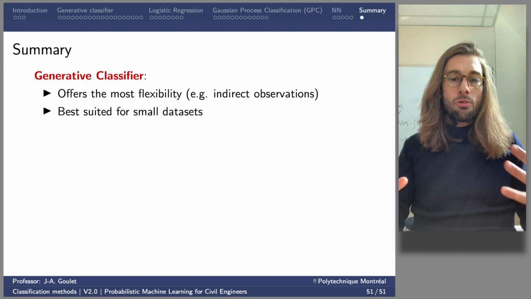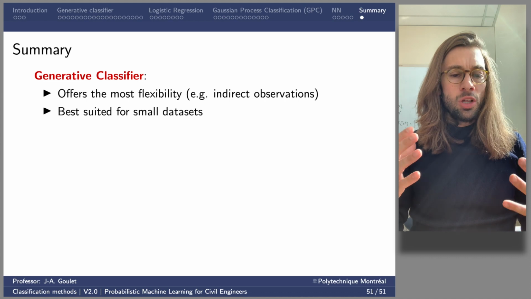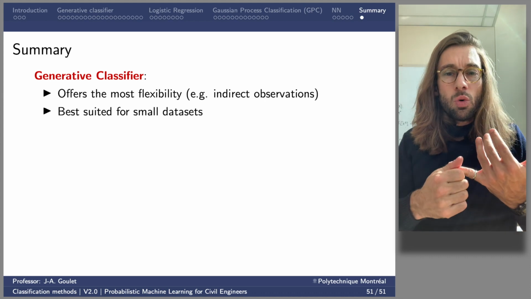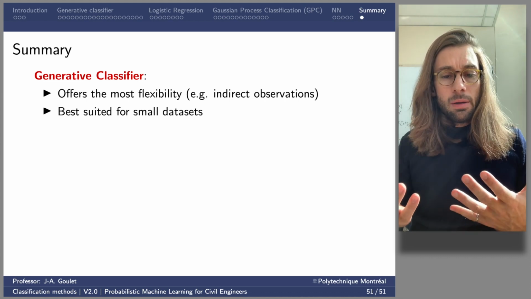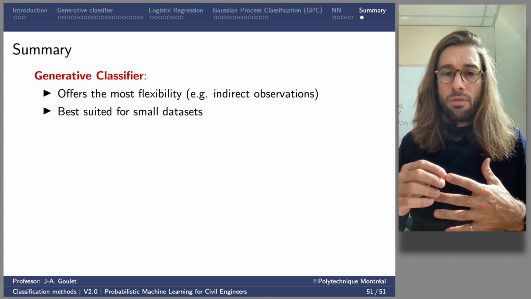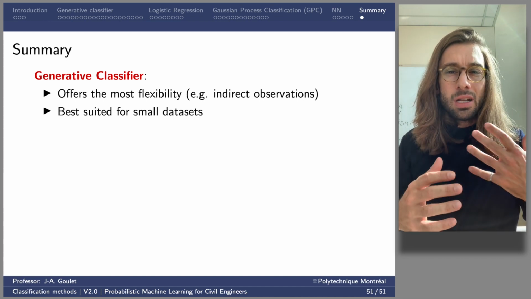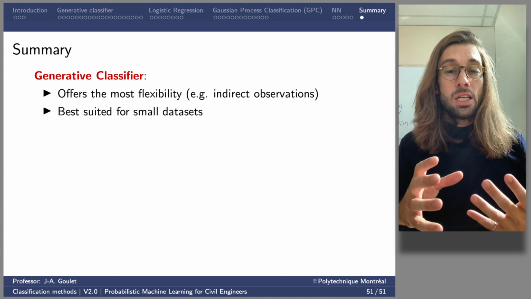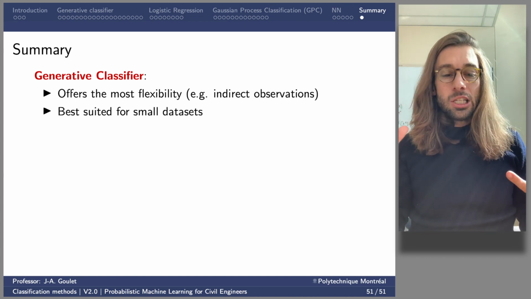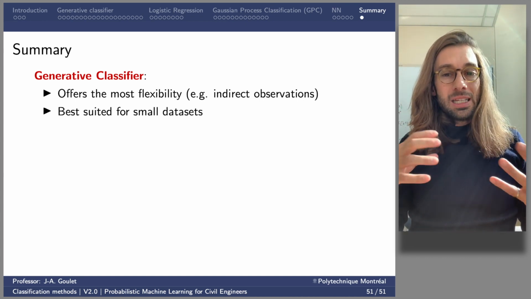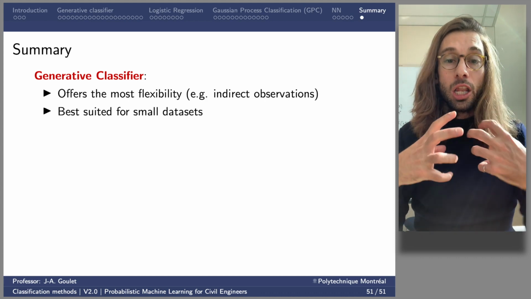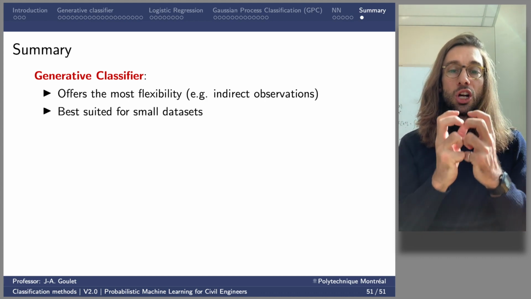Okay, so if we summarize what we've seen with the generative classifier, this is what offers the most flexibility. So for instance, if we have to model censored observation or indirect observation, we can do this. We can accommodate pretty much any situation. But this comes at the expense of needing to define a lot of things if we want to achieve a good classifier.